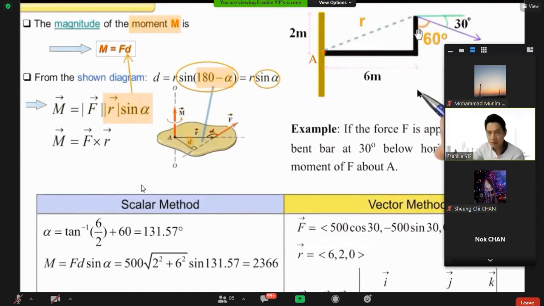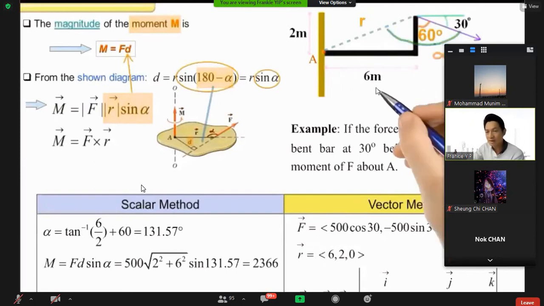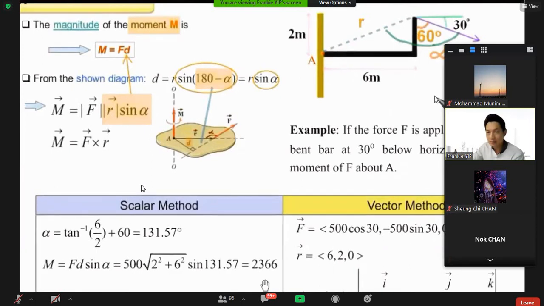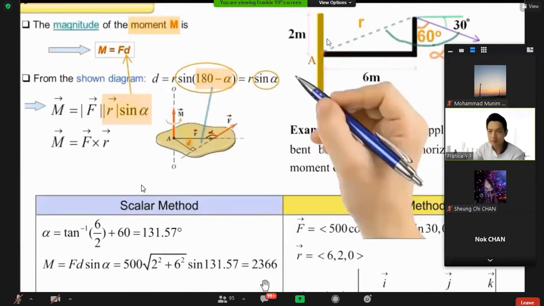So if it is the case, how about the angle over here? It should be the alpha. Got it? So what I would like to do is figure out how it can rotate. It rotates like this, okay? It rotates like this.